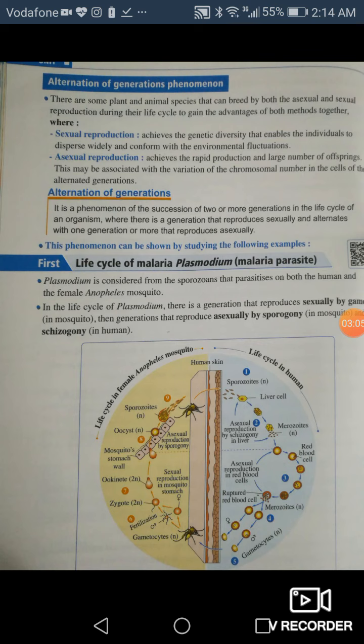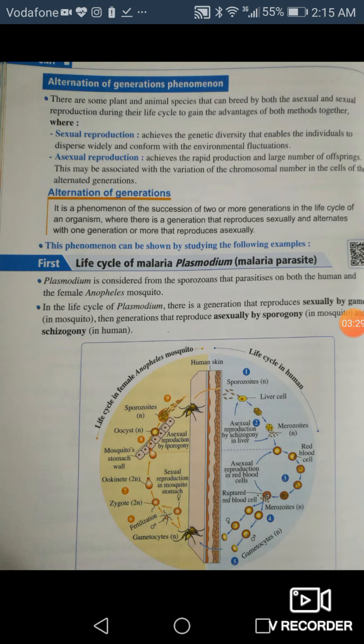We have about 3,000 types of mosquitoes, and here we are dealing with only one type, which is called the Anopheles mosquito. In the life cycle of plasmodium, there is a generation that reproduces sexually by gametes. This happens inside the mosquito.